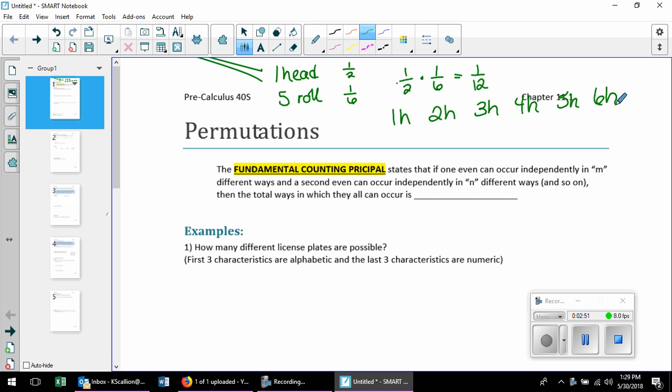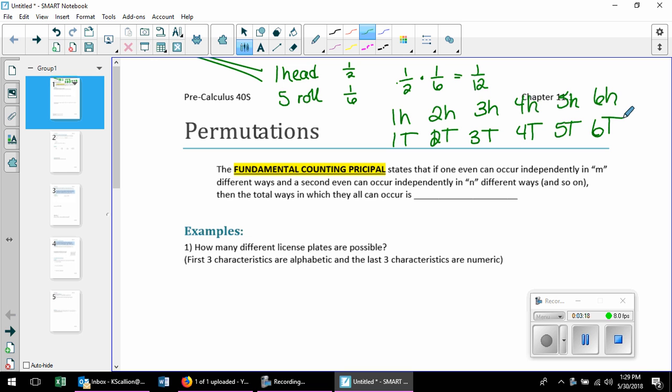What else can I get? 1 and a tail, 2 and a tail, 3 and a tail, 4 and a tail, 5 and a tail, and 6 and a tail. How many are there? 12. 1, 2, 3, 4, 5, 6, 7, 8, 9, 10, 11, 12. So there's 12 possibilities.